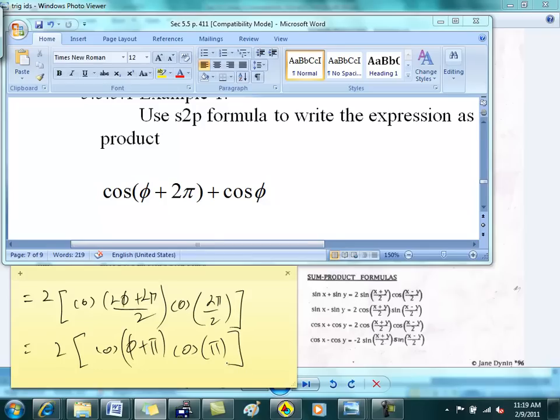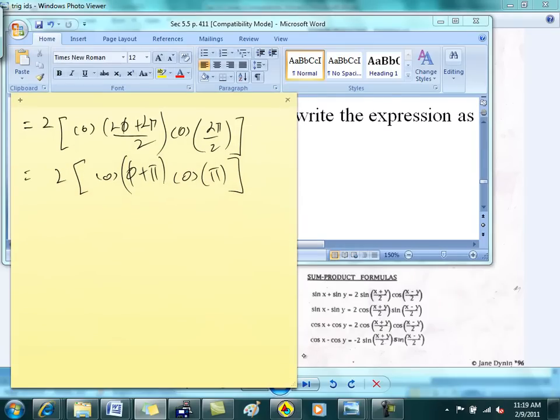Is everybody with me on this? Well, we are using the third equation on the identity sheet, yes. What's cosine pi? -1, so this becomes -2 cosine of phi plus pi.